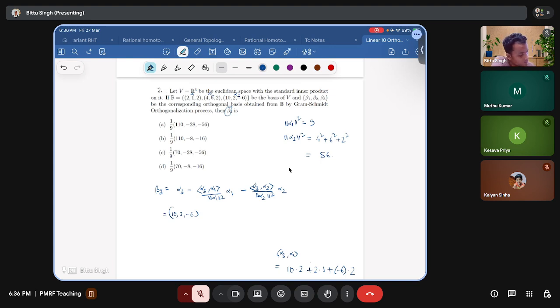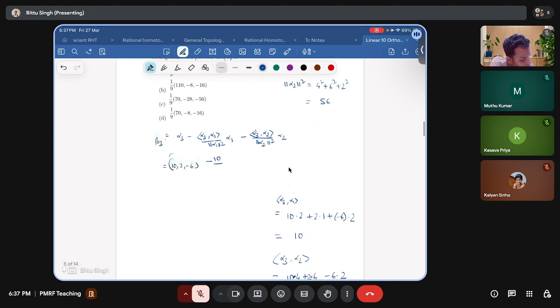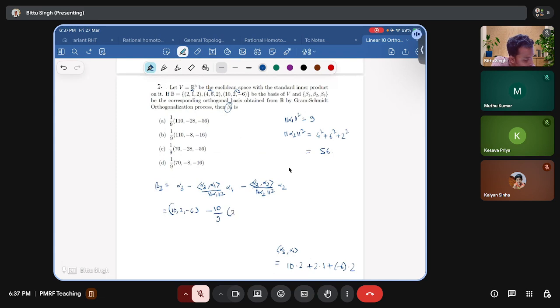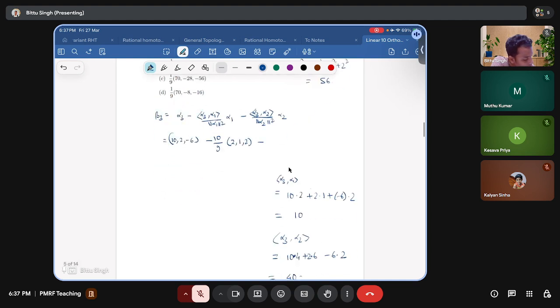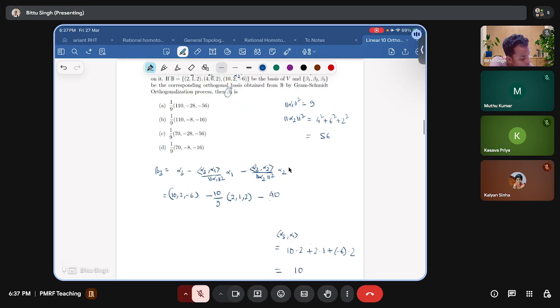So minus 10 by norm alpha 1 square, which is 9, into alpha 1, minus alpha 3 inner product alpha 2, this is same as 40. So 40 by norm alpha 2 square, this is 56 into alpha 2.